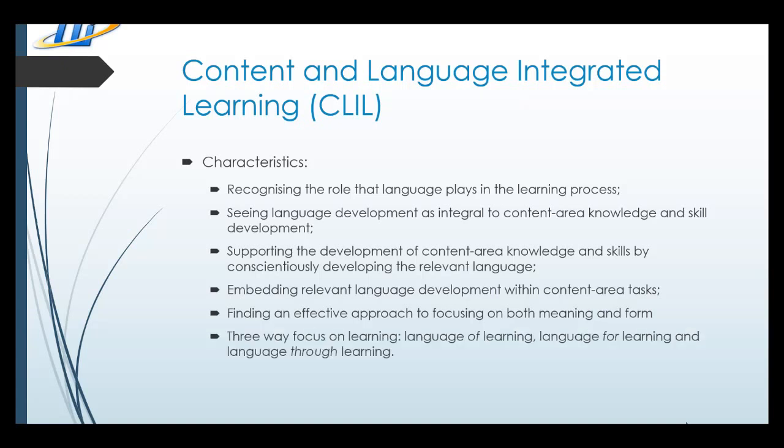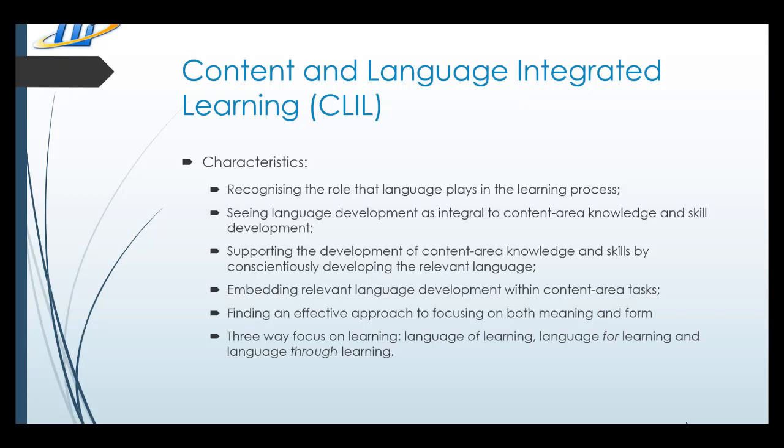And then we look at Coyle, Hood and Marsh's three-way focus on language of learning, so developing language needed for accessing the basic concepts and skills of a theme or a topic, for example, vocabulary and genre.